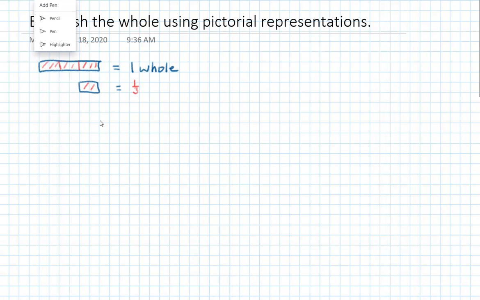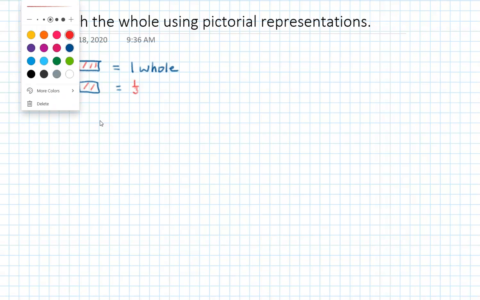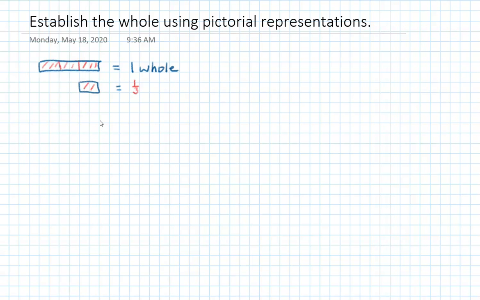It's really important that we write the sentence that goes with that. And that sentence is, because three equal pieces make one whole.